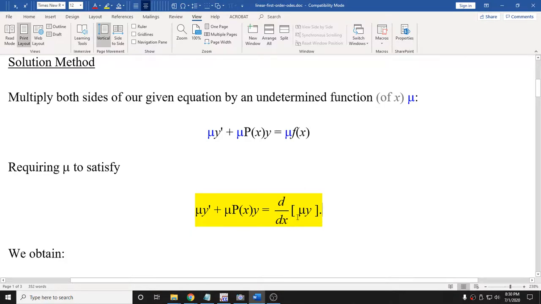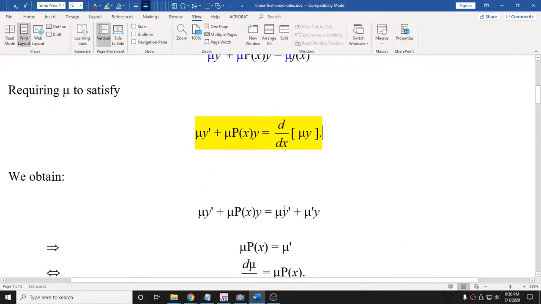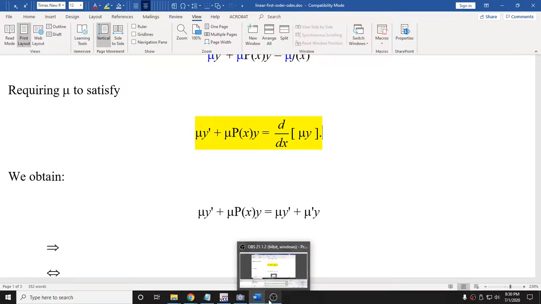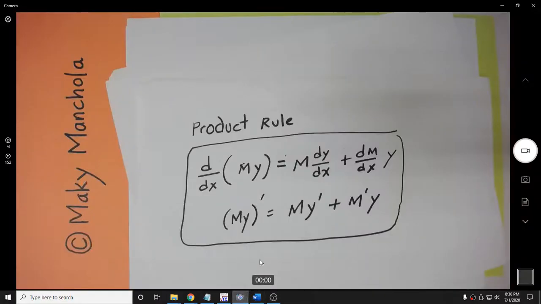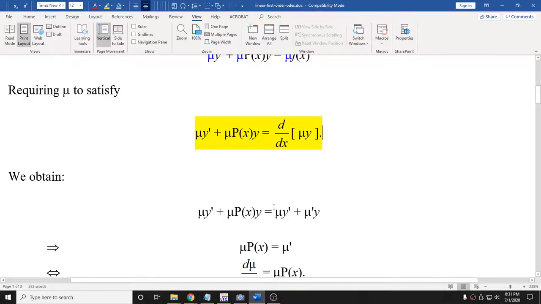Under that requirement, we shall obtain the following. If we develop the right-hand side formally by using the product rule, we obtain mu y' + mu' y. This is just appealing to our rule. Instead of m, we shall use mu. So the derivative of mu y is mu y' + mu' y.